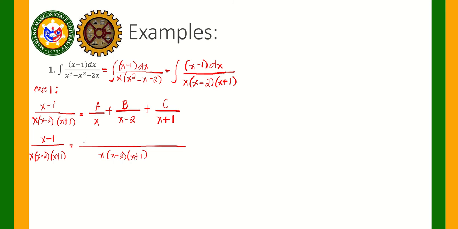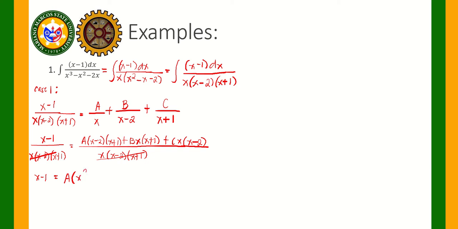And then this will be equal to a times x minus 2, okay, so x minus 2 times x plus 1, plus bx times x plus 1, and then plus cx times x minus 2. Of course, this will cancel. Okay, and then we are left with x minus 1 is equal to a. Simplify natin yan.